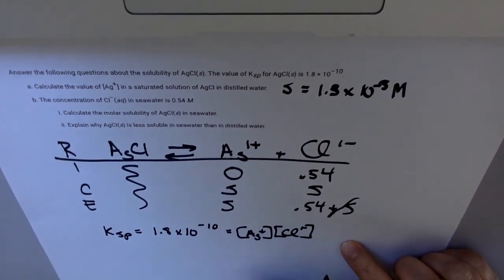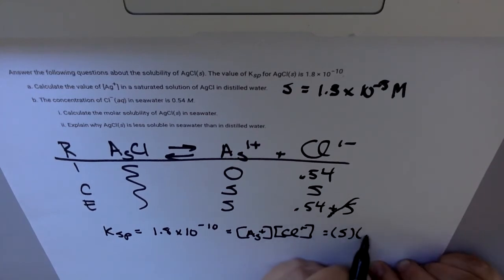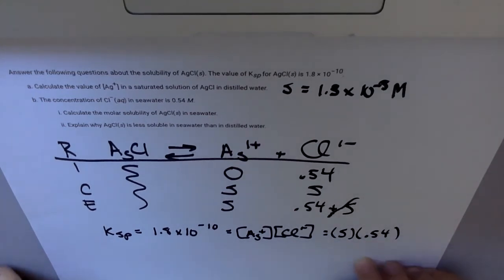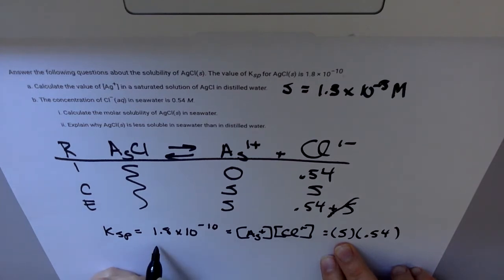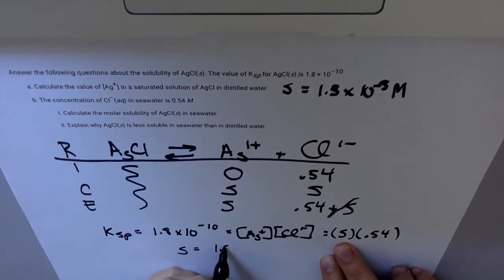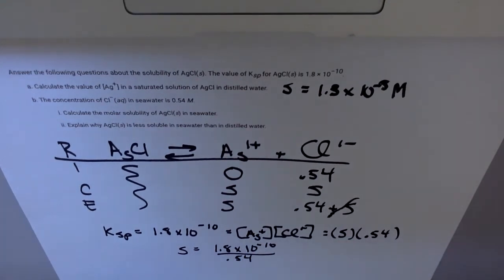And in this case, it's going to be S and 0.54. And so then when we solve for S, S is going to equal 1.8 times 10 to the negative 10th divided by 0.54.